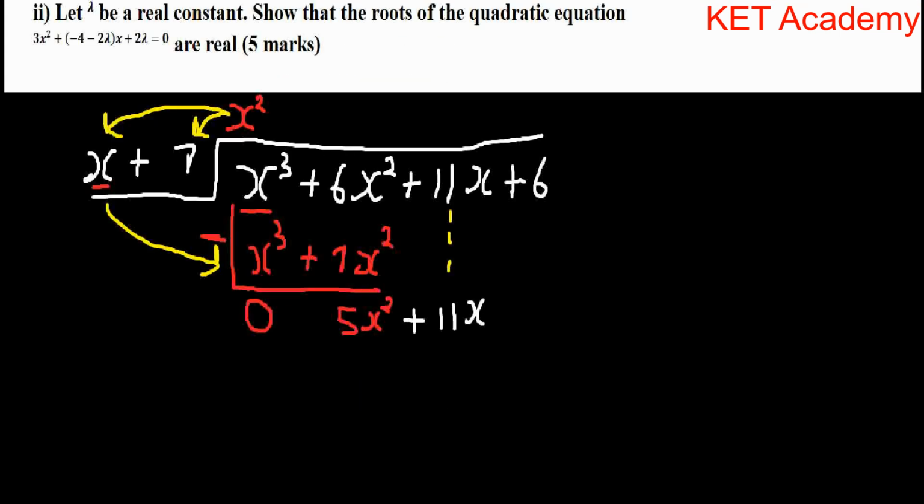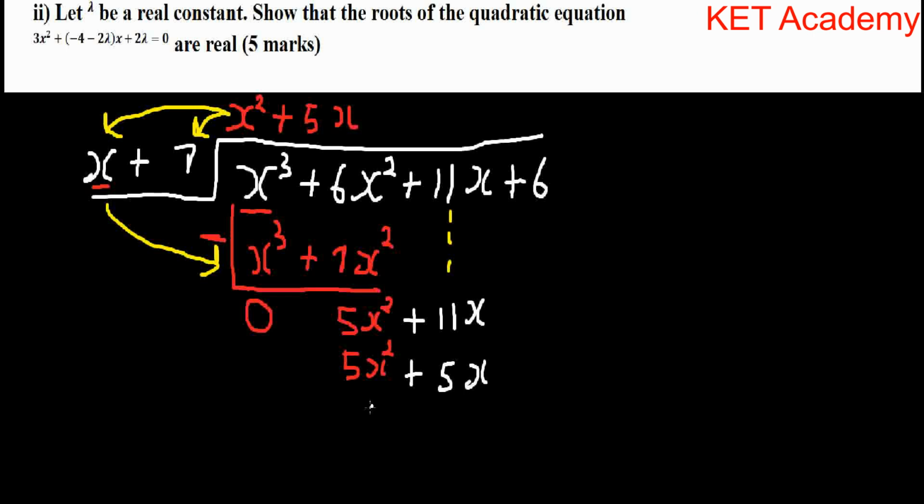We are going to follow the same steps as we did with x cubed here. So 5x squared divided by x is going to give us plus 5x. Now 5x times x is going to give us 5x squared. Now 5x times 1 is going to give us plus 5x.